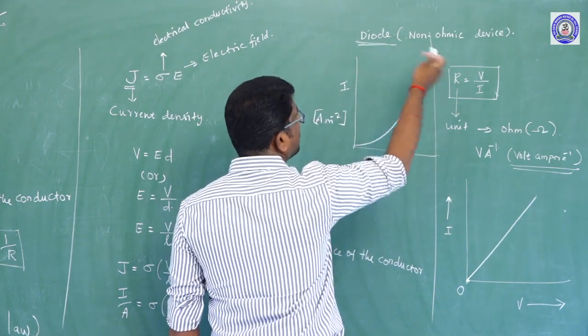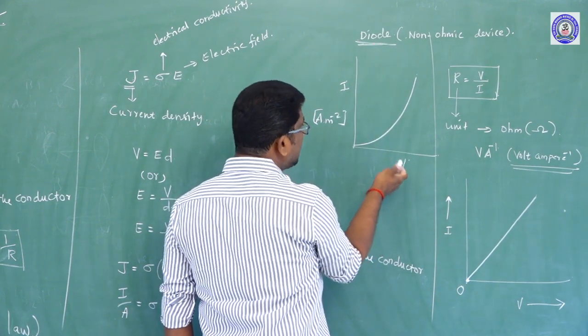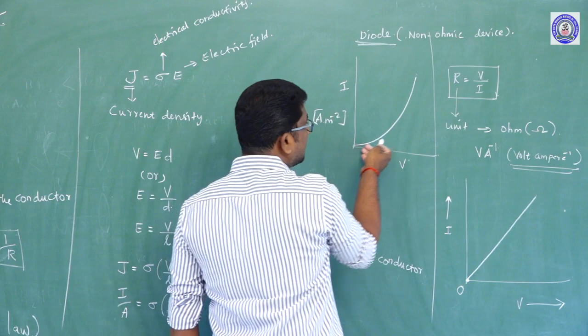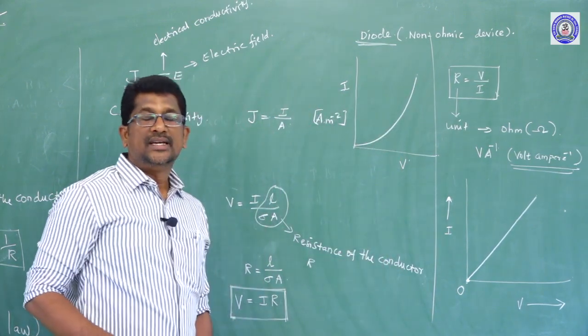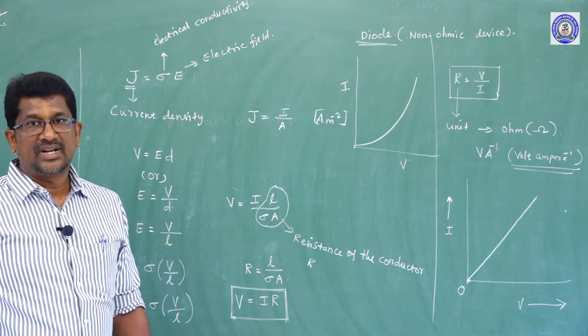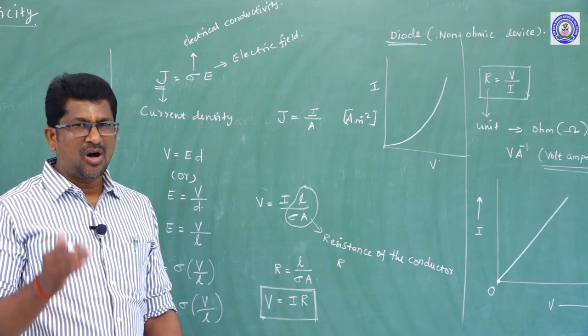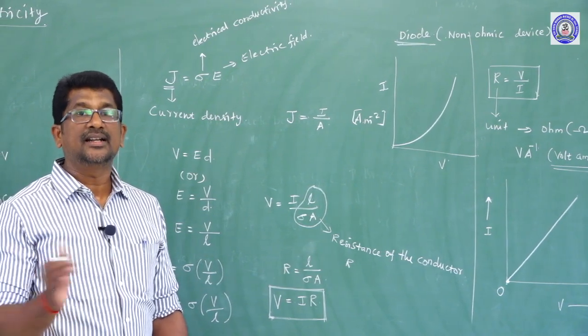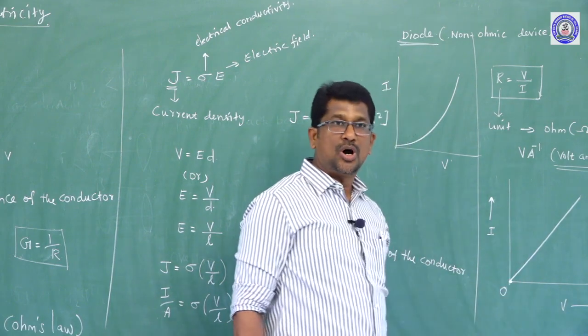For a non-ohmic device or non-ohmic material, for example a diode, the graph is drawn between potential difference and electric current. The nature of the graph is like this. It means the diode is a non-linear conductor of electricity. It does not conduct electricity linearly, but all the conductors conduct electric current linearly. That is why the nature of the graph is a straight line which passes through the origin.